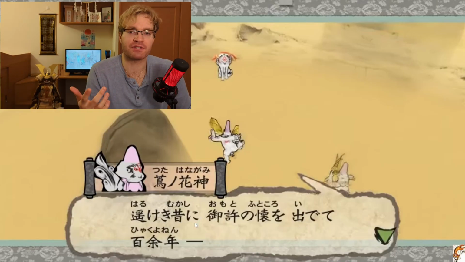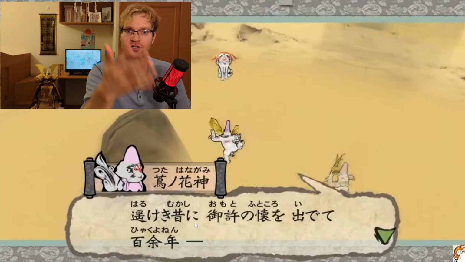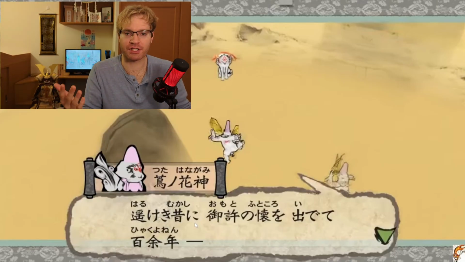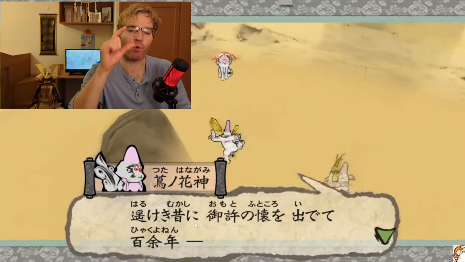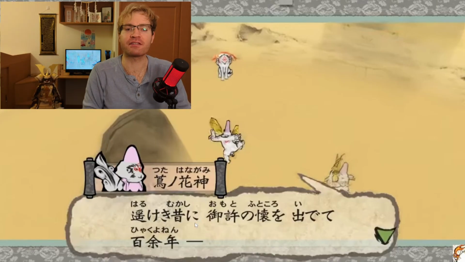So in English, our prepositions are in, on, at, to, by, next to. Those are all prepositions. Now in Japanese, they have one particle that basically sums all of that up, and that is ni. So harukeki mukashi ni, distant past plus the preposition, in the distant past is how you can translate this little bit here.